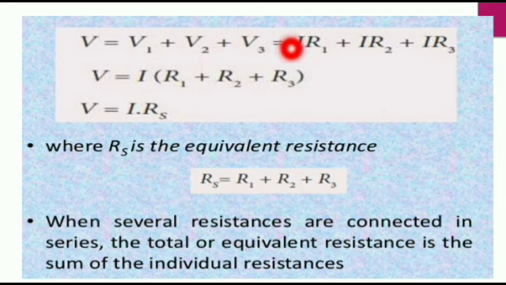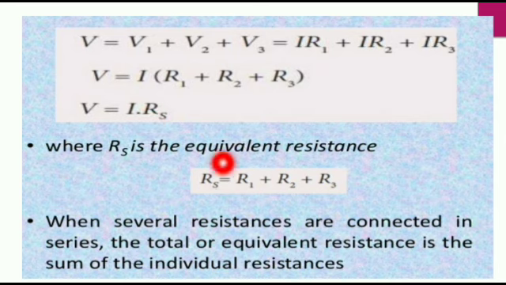So which is common? I is common. Therefore, I into R1 plus R2 plus R3. This R1 plus R2 plus R3 is taken as RS, that is the equivalent resistance. Therefore, V is equal to I RS.